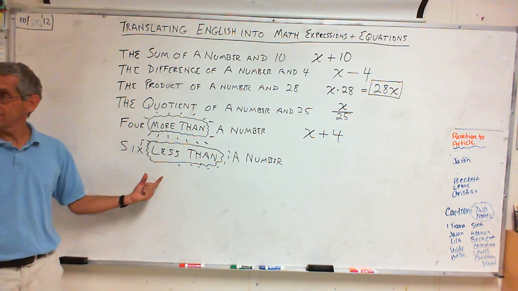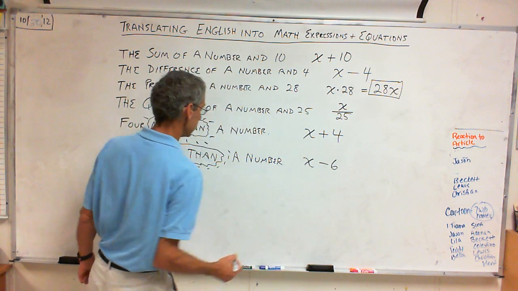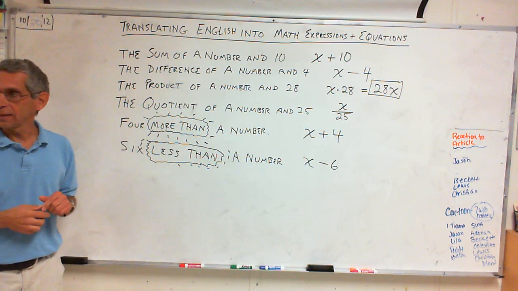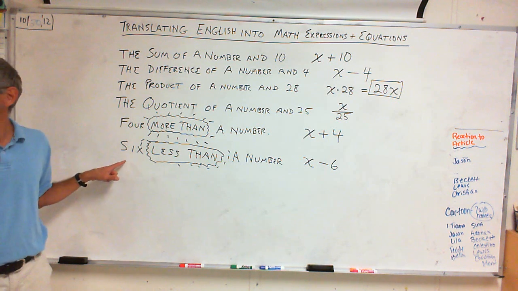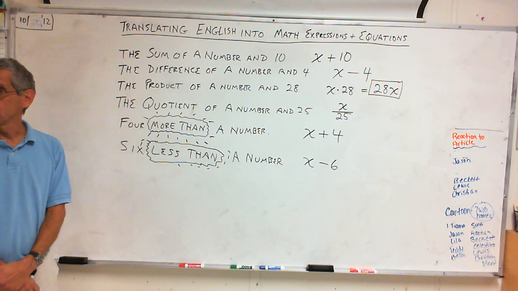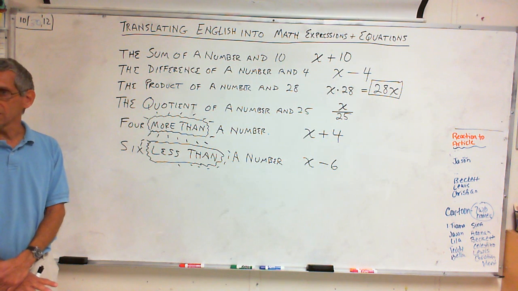Yes, x minus 6, exactly, right? x minus 6. That's really key. Most people, when they're not thinking, will do this. They'll do 6 minus x. You see why that would be a problem? It's left or right. x minus 6 and 6 minus x are not the same thing.